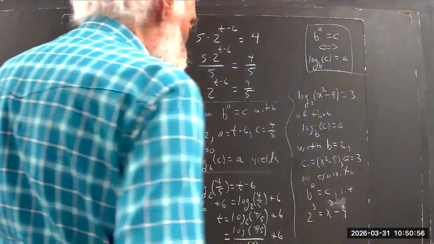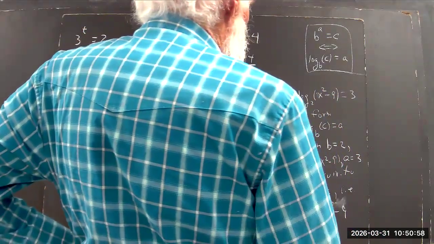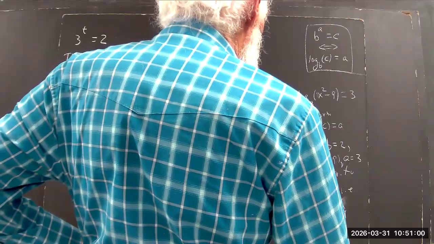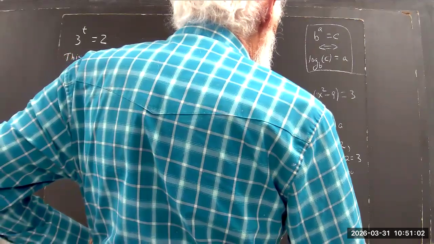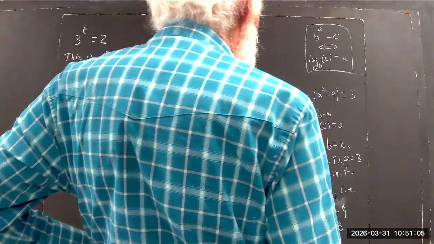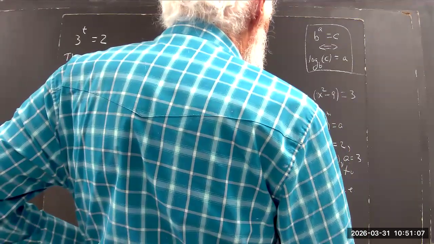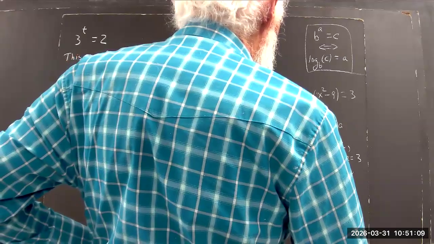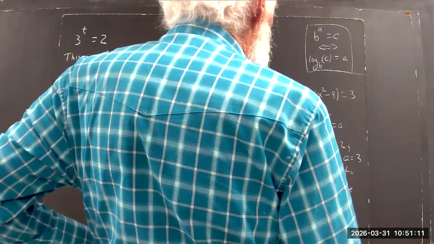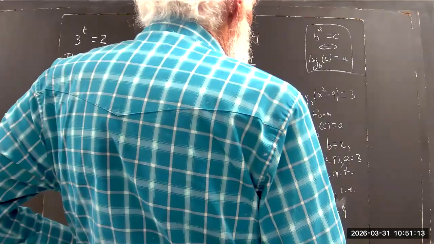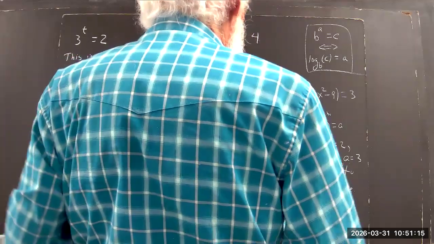And I wrote that down without looking. Okay. Well, this means that x squared minus 9 equals 8. If we add 8 to both sides, we get x squared minus 1 equals 0, or if we add 9 to both sides. No, if we do that, never mind.